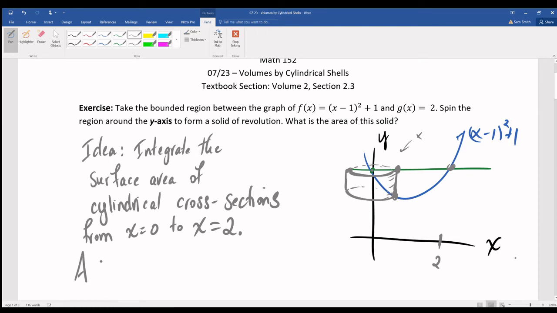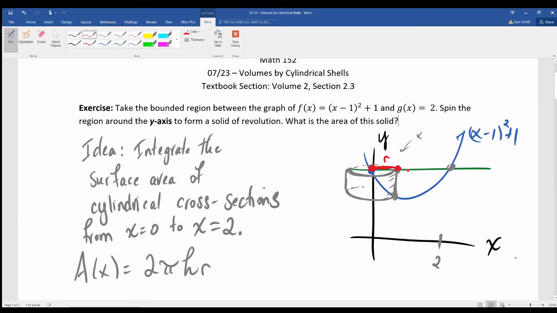Now, the area of a cylinder is 2 pi times the height of the cylinder times the radius, 2 pi h r or 2 pi r h. The radius of the cylinder is the distance between the center of the cylinder and the edge, so that would be r.